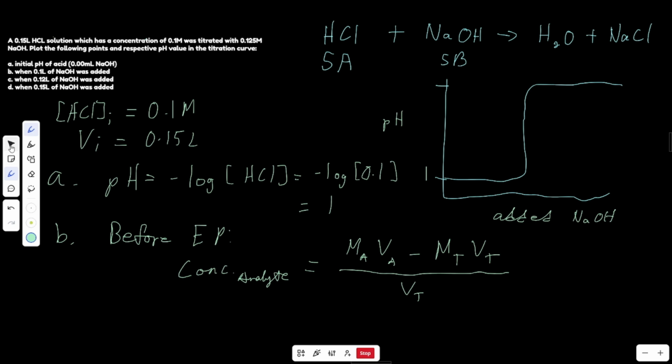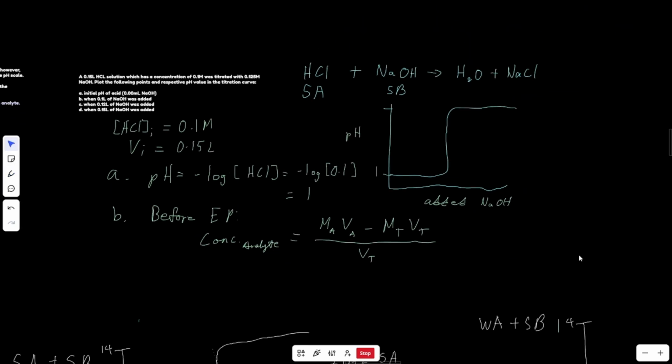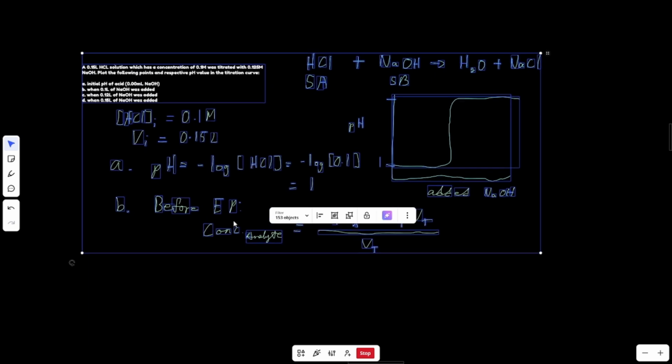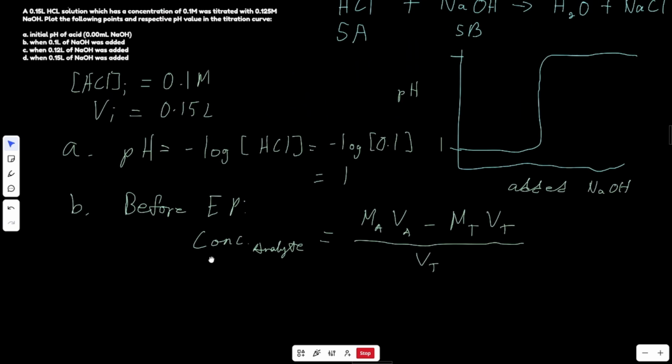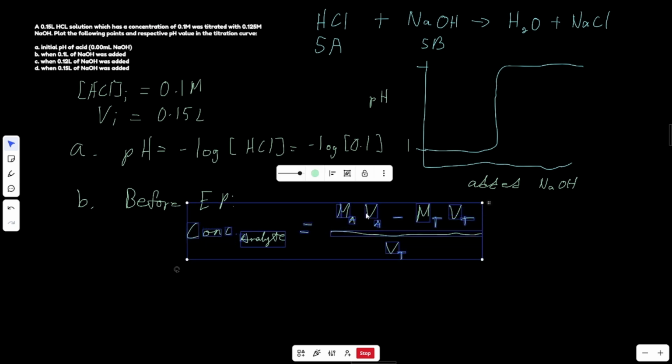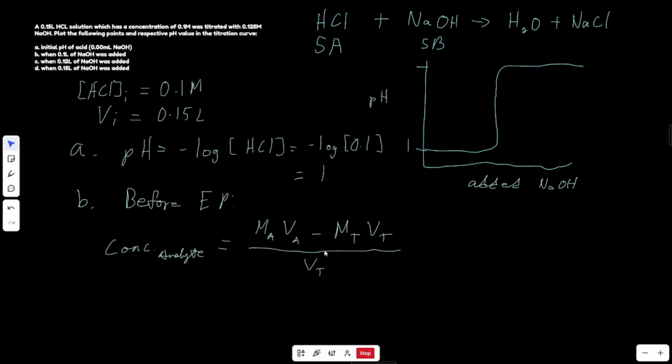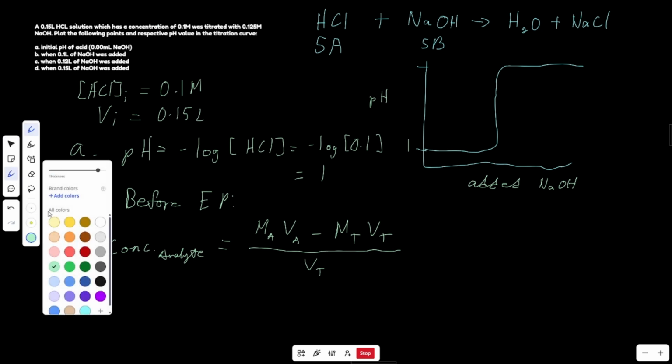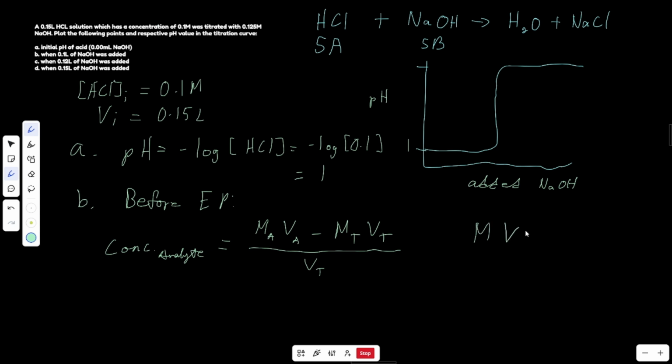There. So total volume is pretty straightforward, right? I'm going to move this up. We're going to run out of space. Alright, there. So for this one, what is the reason why we use this formula? Just a quick overview on why we use it. MV is actually equal to the number of moles of substance that we have, right? And how do we get that? Well, M is equal to mole over volume, and if we adjust that, we get MV is equal to mole.